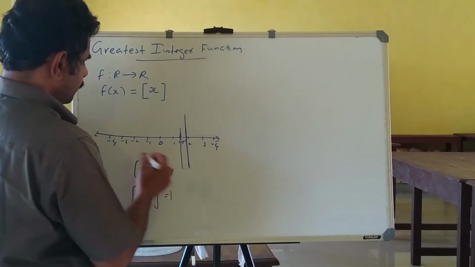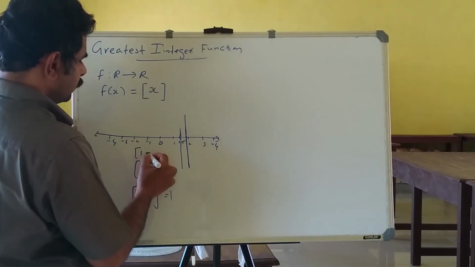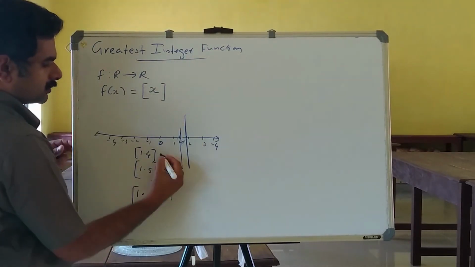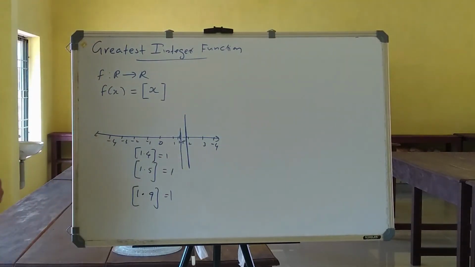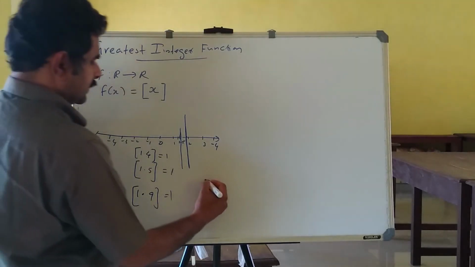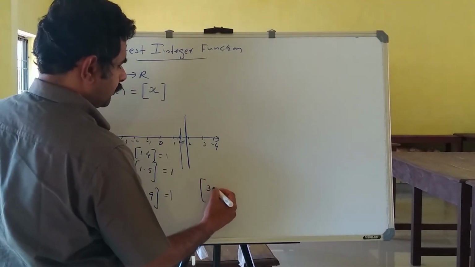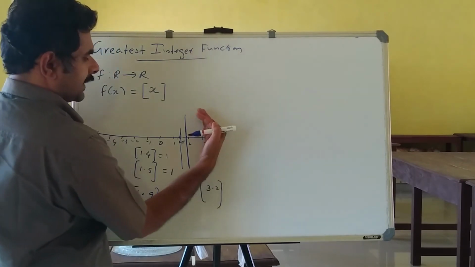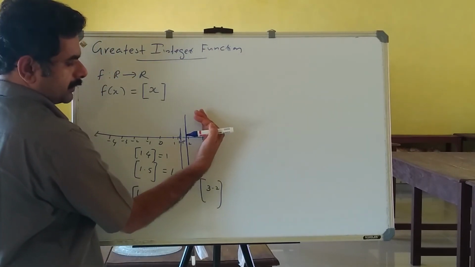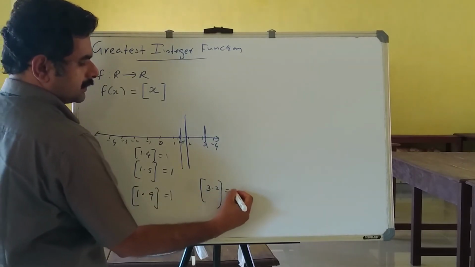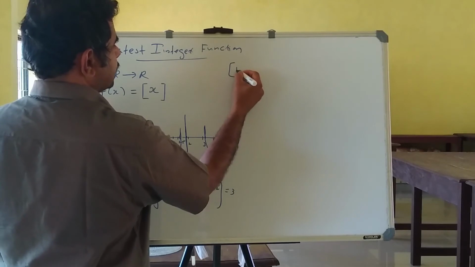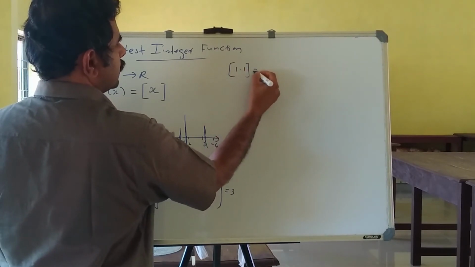Then what will be the greatest integer value of 1.4? 1.4 is here, that is also 1. Clear? What is the greatest integer value of 3.2? 3.2 is here. The greatest integer value of 3.2 is 3. Clear?